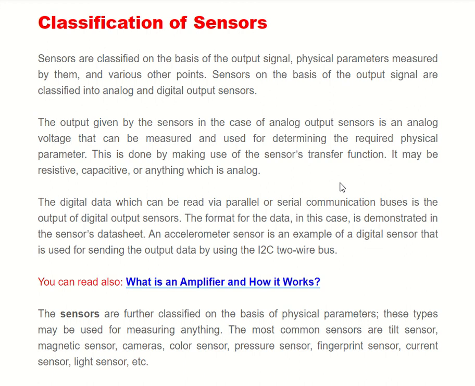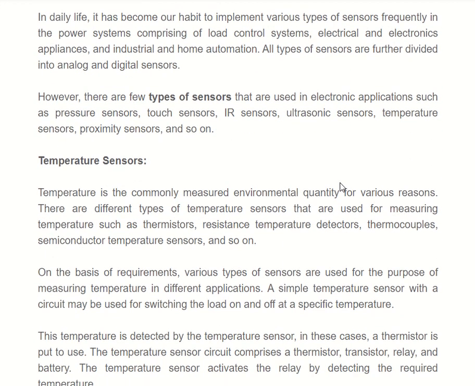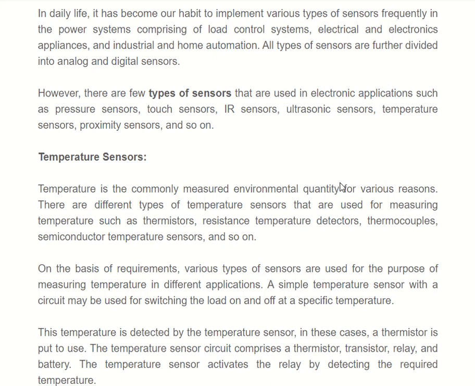There are so many sensors available. So based on these applications, let's take a bit of a glance at different types of sensors, right? In our daily life, it has become our habit to implement different types of sensors frequently in the power system comprising of load control systems, electrical and electronic appliances, and industrial and home automations everywhere.